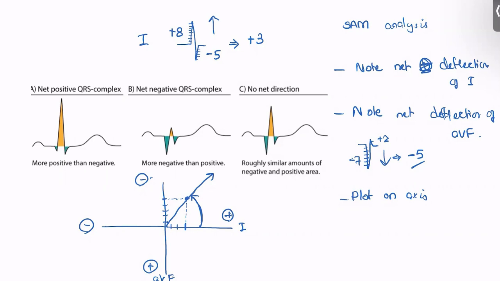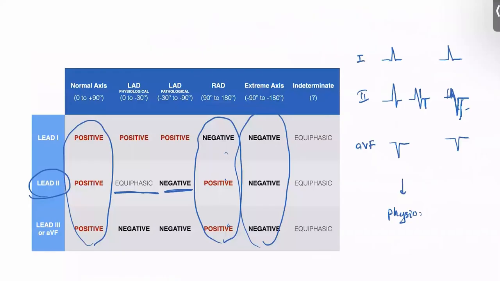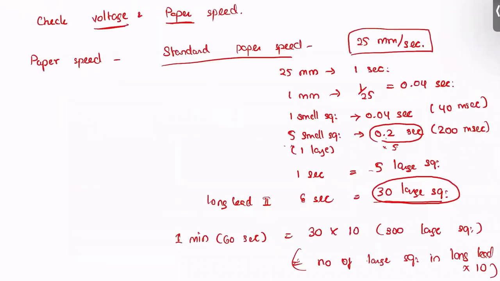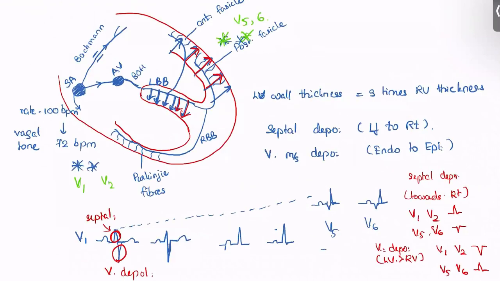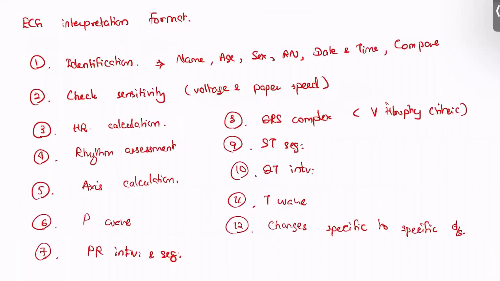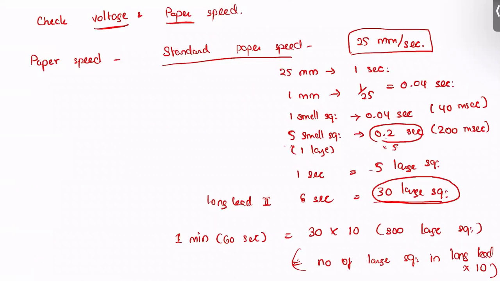So that is the end of today's video. Today we discussed the conducting system of the heart, why there is R wave progression, what denotes septal depolarization and ventricular depolarization, why the LV mass is larger than the RV mass, what denotes each wave, the ECG interpretation format, and how to check the voltage and paper speed.